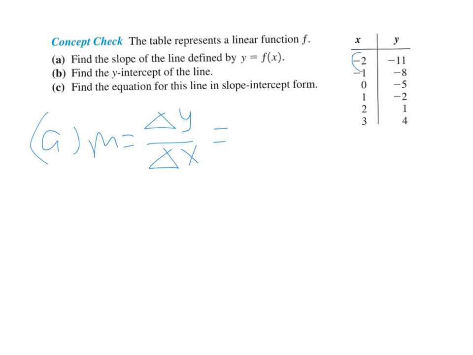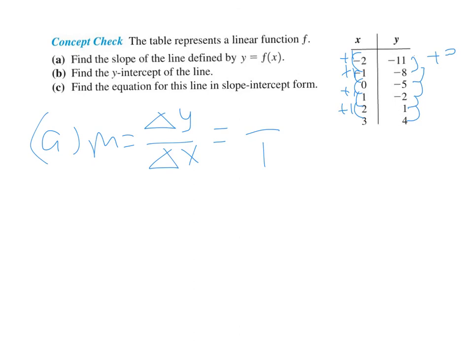So if you notice, each x value as you go down is changing by positive 1. So you could write positive 1 for the change in x, and for the y values, if you notice, they're all changing by 3.